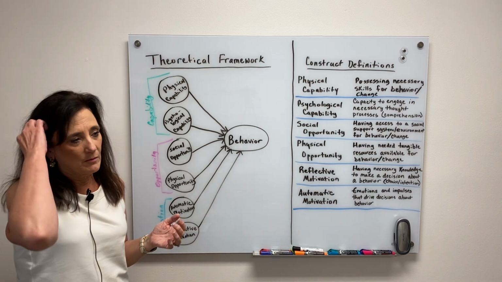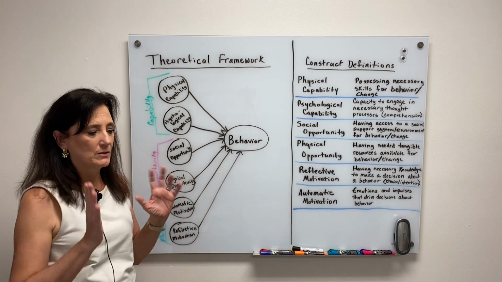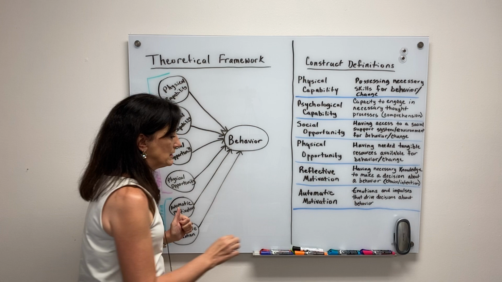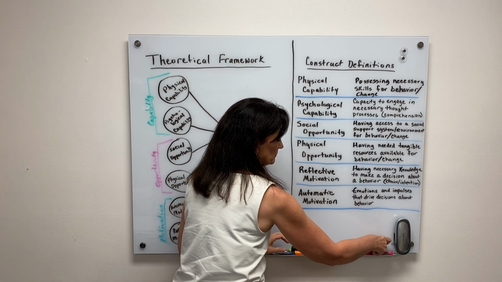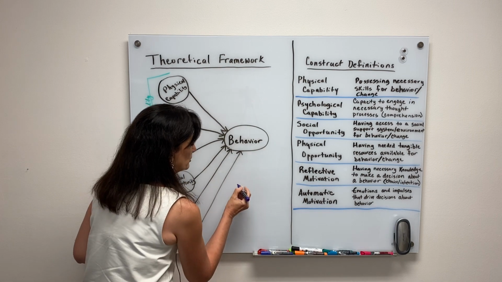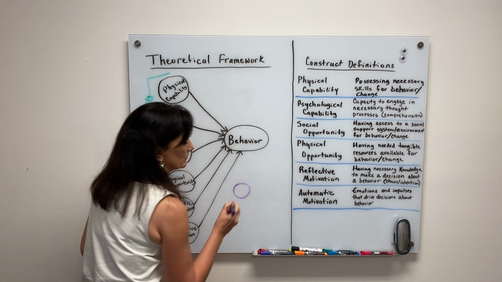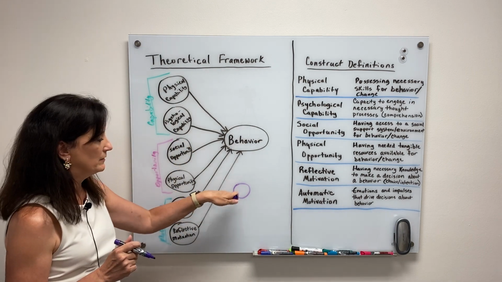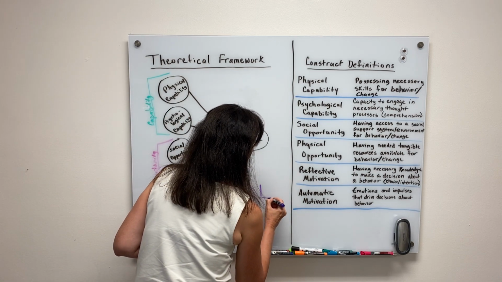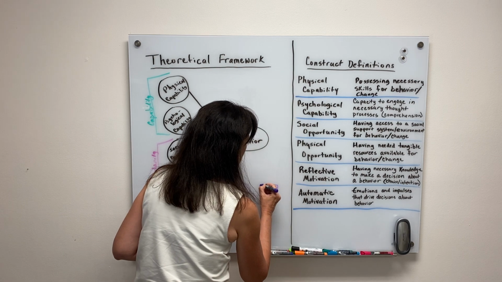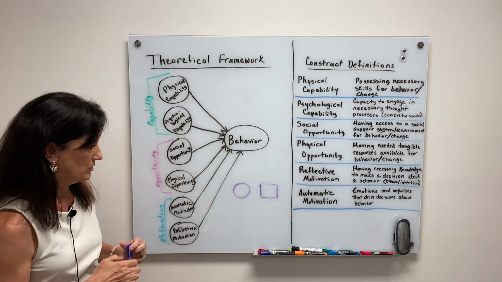So in survey development, we look at variables in two very basic forms. Constructs, which are represented in our model by circles, and observed variables, which are represented by squares.